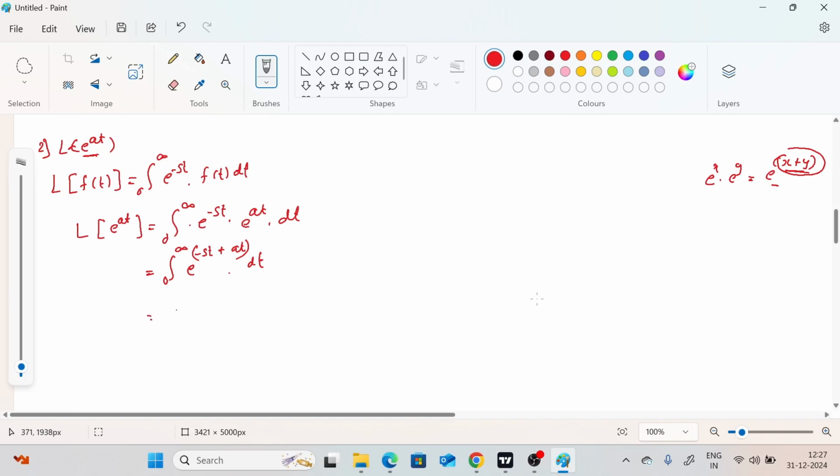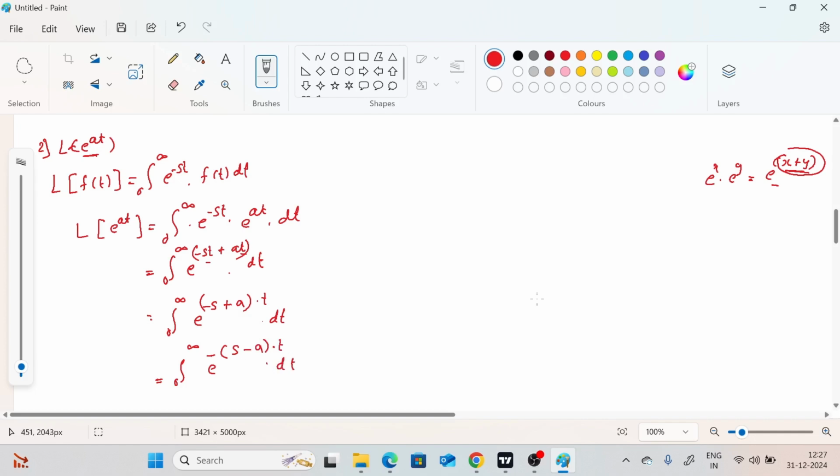Now from 0 to infinity, we will take t as common, so e raised to minus s plus a, into t dt. If we also take minus as common, hence minus s minus a, times t dt.